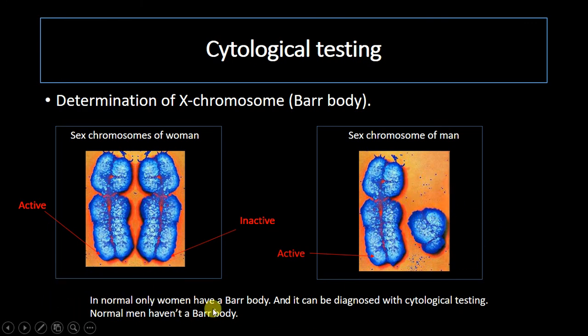So you can see it in the slide. In normal, only women have a Barr body, and it can be diagnosed with cytological testing. Normal men haven't a Barr body.